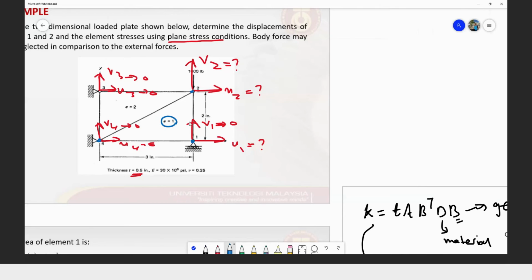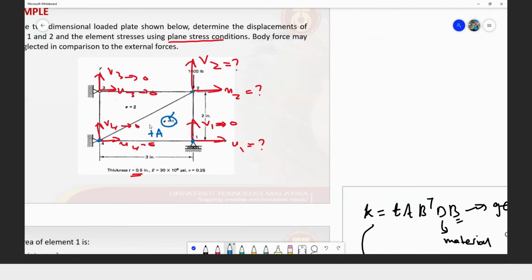But we have to remember, we have to order our CST triangle so that the node numbering is in anti-clockwise direction, so that we will get a positive value of area.